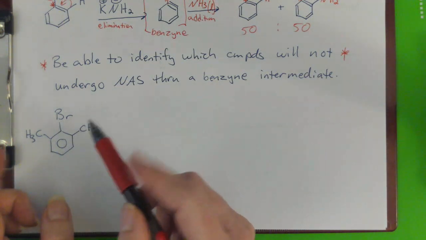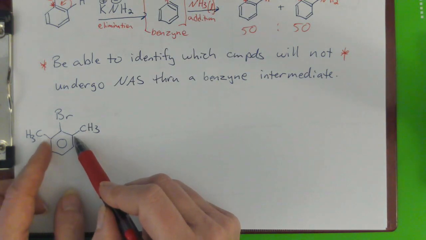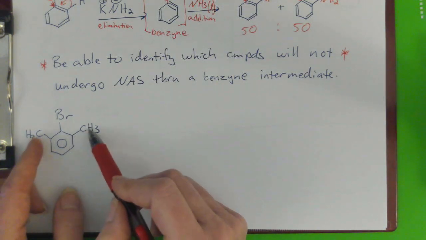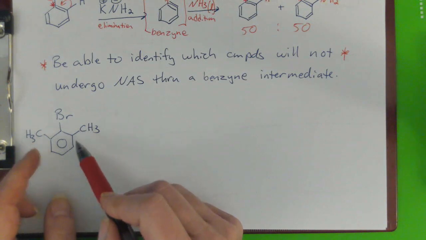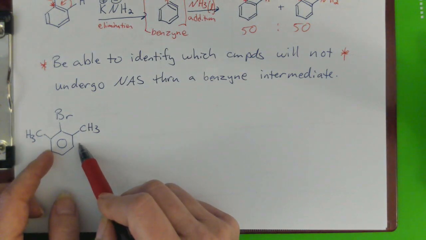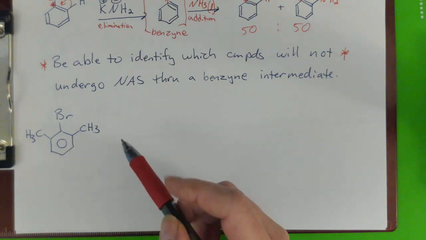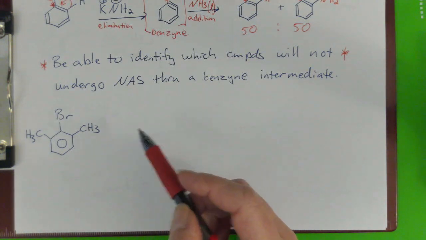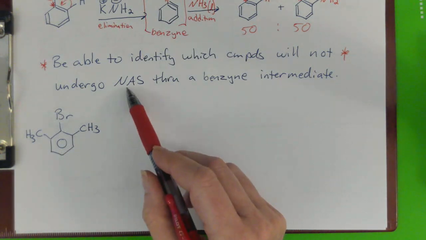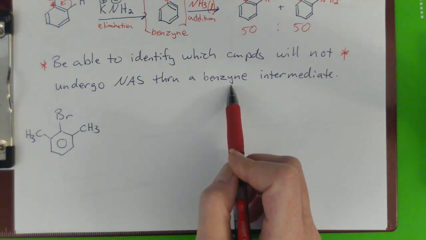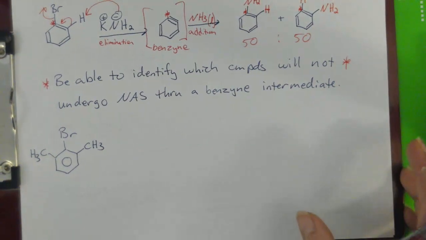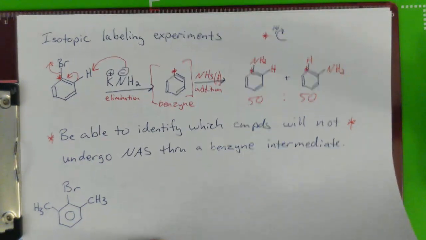We don't have at least one ortho position empty. Both of the ortho positions here have methyl groups on them, so this won't work, okay? So again, we need to have at least one hydrogen in the ortho position in order for the NAS through a benzyne intermediate to happen. Okay, so that's one thing you need to be able to recognize.